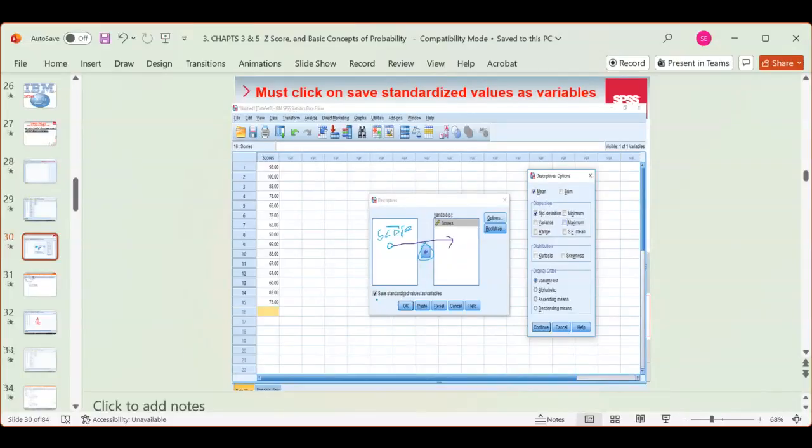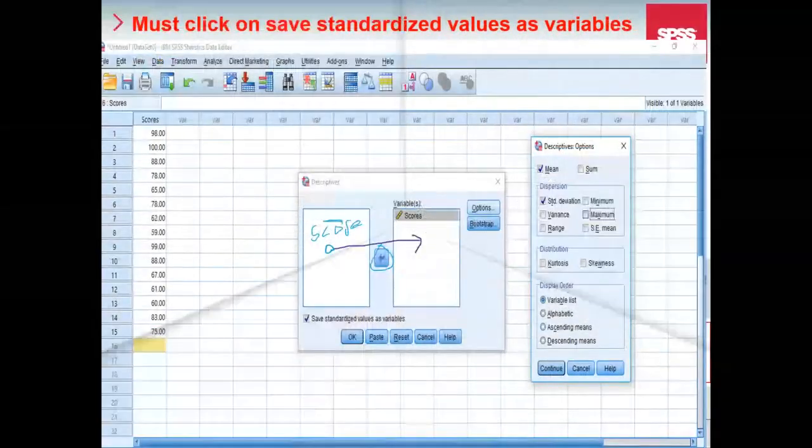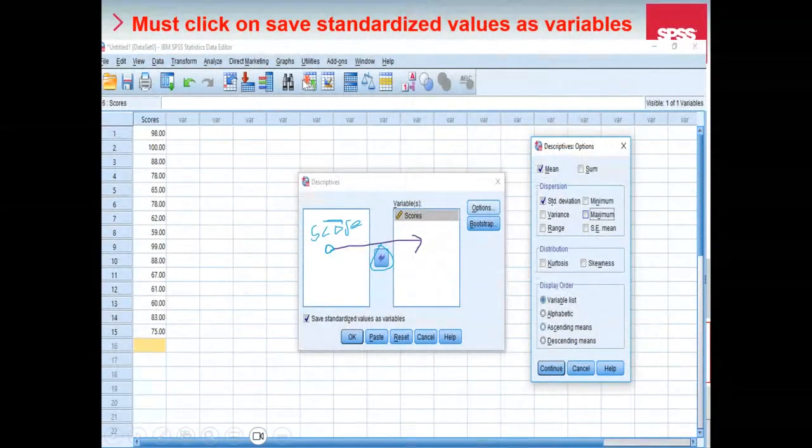You click on that. And then again, if you click on options right there, click on mean.